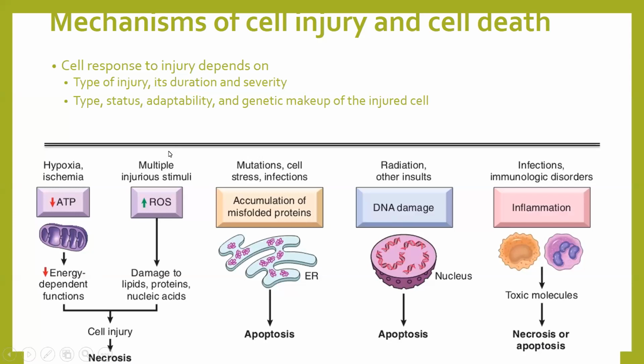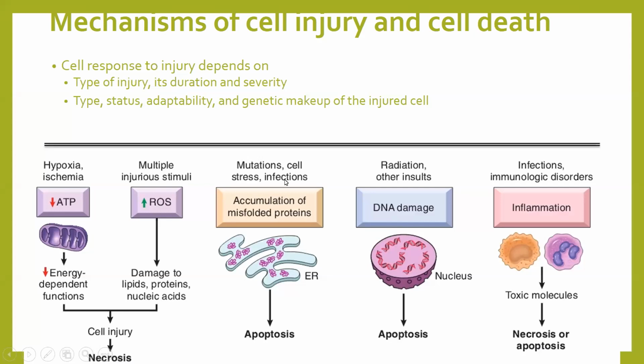When we have multiple injurious stimuli resulting in production of reactive oxygen species, then there's direct damage to the lipids on the membranes, and that results in cell injury. It can also affect the proteins, structural and enzymatic, and even affect the nucleic acids and lead to necrosis.